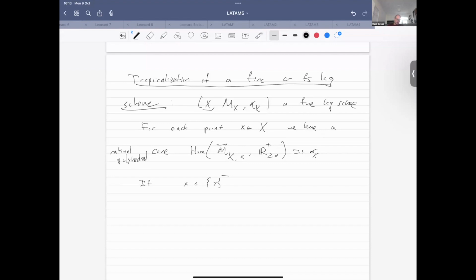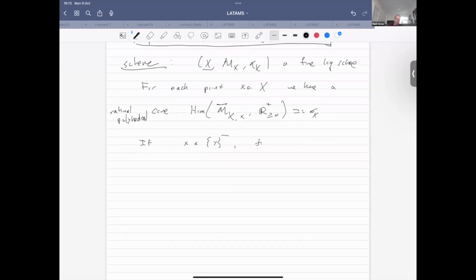So if x is in the closure of point y, here's what we call a generalization map, sometimes called a specialization map. And this goes from M bar_{X,x} to M bar_{X,y}.